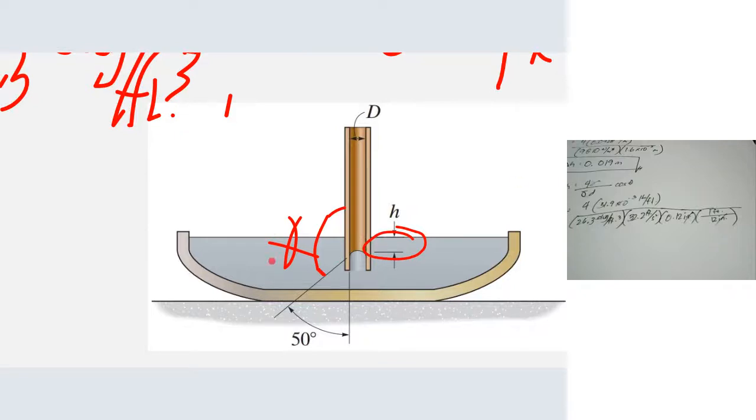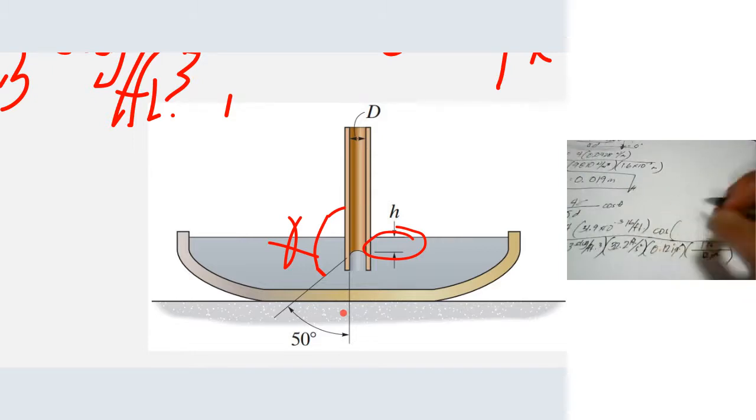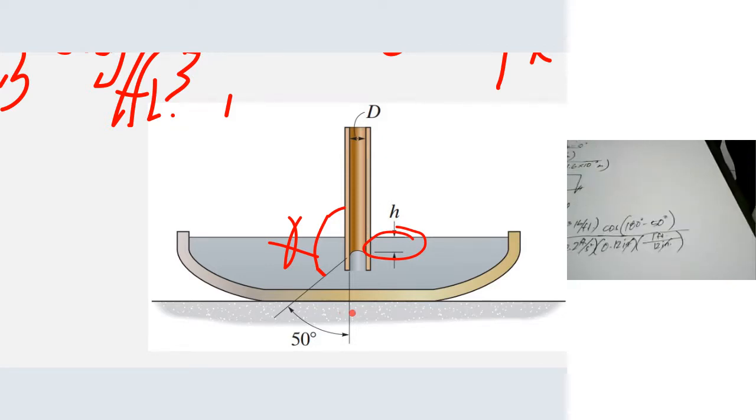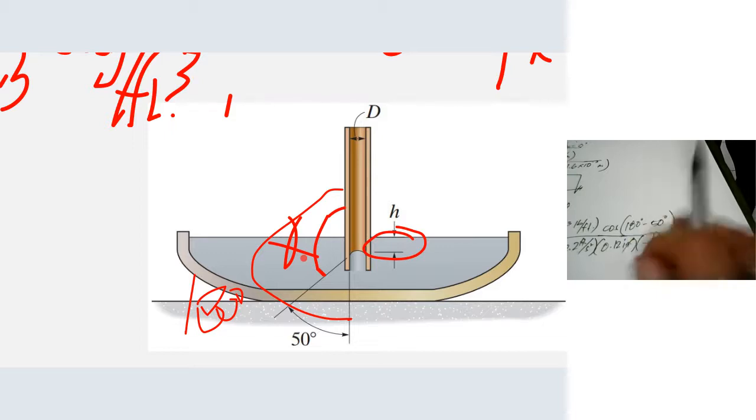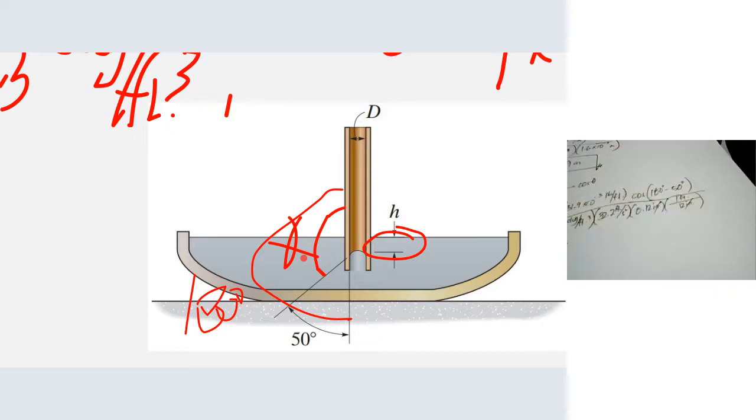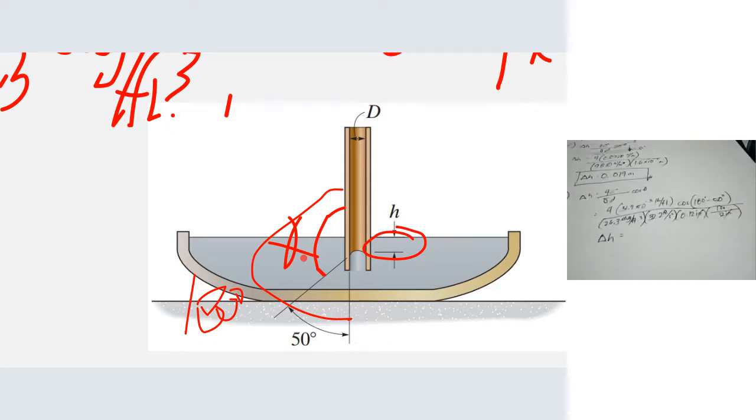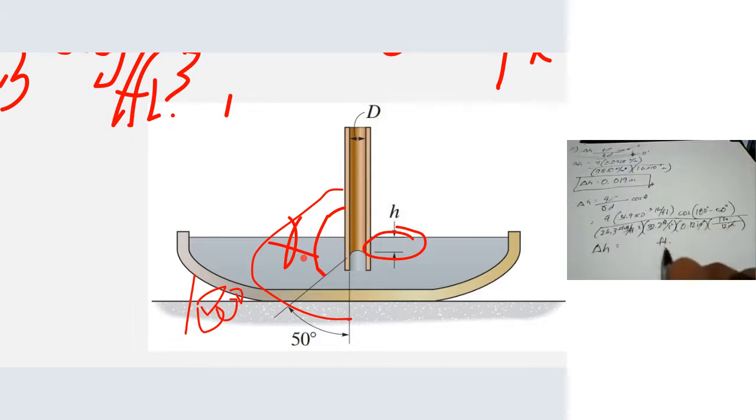The value of this angle. Okay? So, hindi ito yung kukunin. No? So, basically, that is cos 180 degrees minus 50. Because this angle is 180 and 180 minus 50 is what? 130. Okay? So, computing for the delta H, what is the answer in terms of foot?